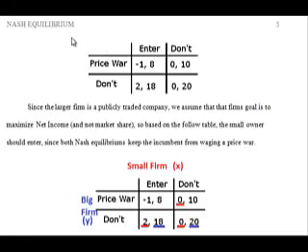So we follow the same process to find the Nash equilibrium, and what these payoffs here represent are each firm's net income for that year.